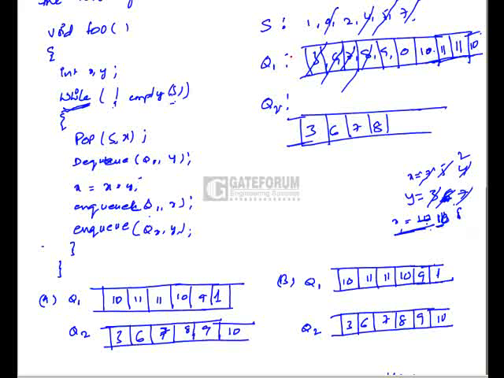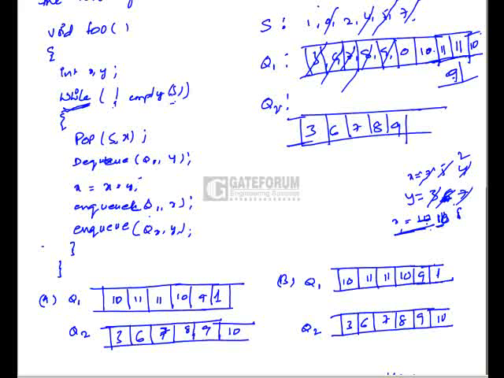Here 0 is popped out and 9 is deleted. 0 plus 9, 9. This 9 is added into Q1 and y becomes 9. This 9 is inserted into Q2.